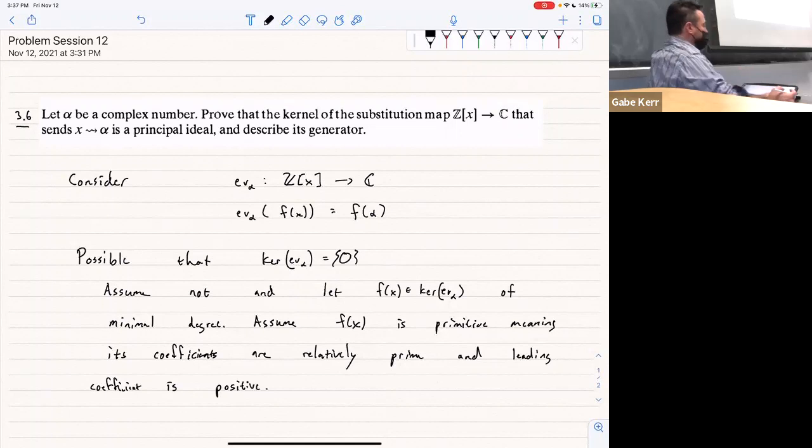So you should ask, why do we know that we can find such a thing? Why can we find something that's both of minimal degree and primitive in this kernel? And the answer to that, well, you guys tell me.